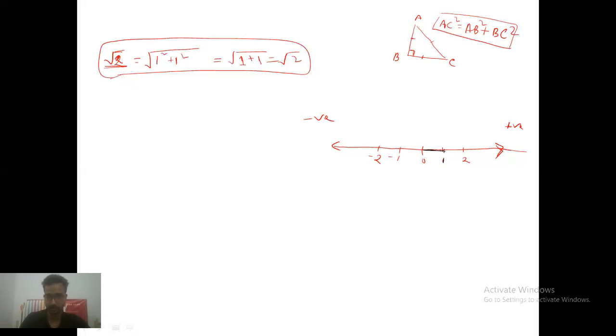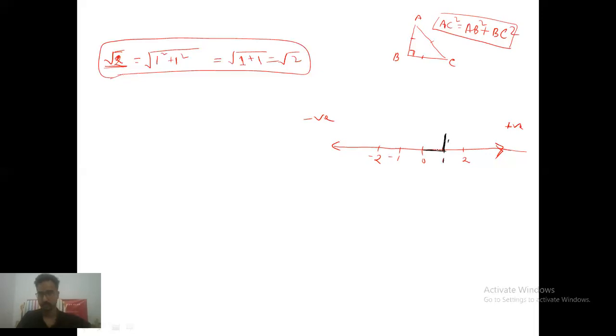With your scale, you can take 1 unit as any measurement. So for your convenience, you can take 1 centimeter equal to 1 unit. So here 1 unit is 1 centimeter, and here also you draw a perpendicular of 1 unit, 1 centimeter.